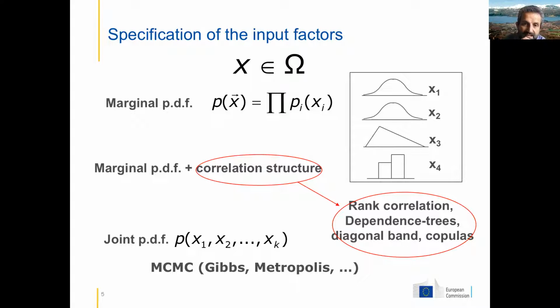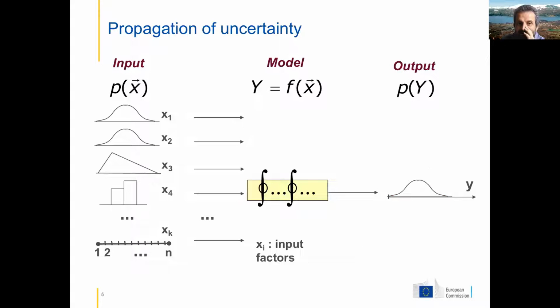In whatever way you have your inputs, your parameters, you take a first draw, propagate it through the model, and get a first outcome in the output. You have a second draw, and you get a second outcome, and then a third draw, a third output, and so on and so forth.